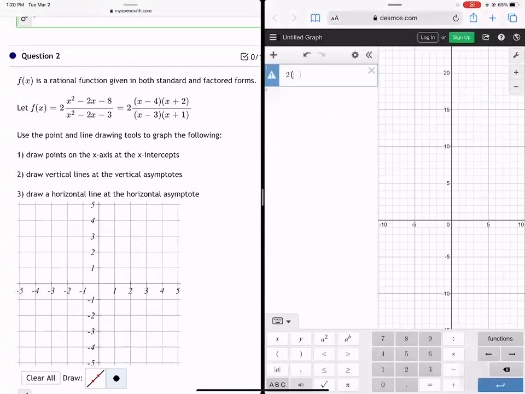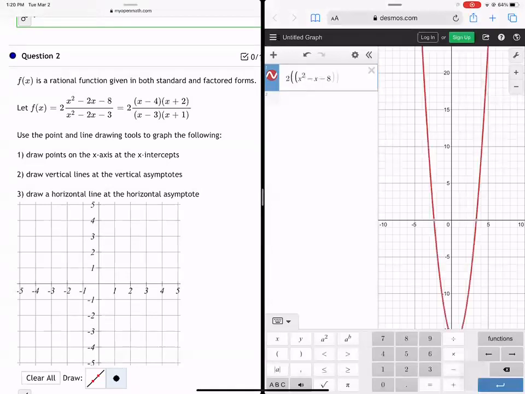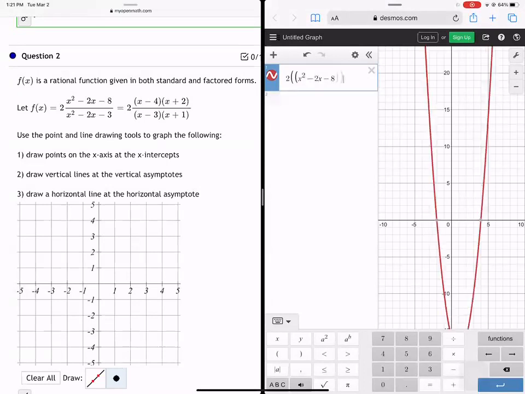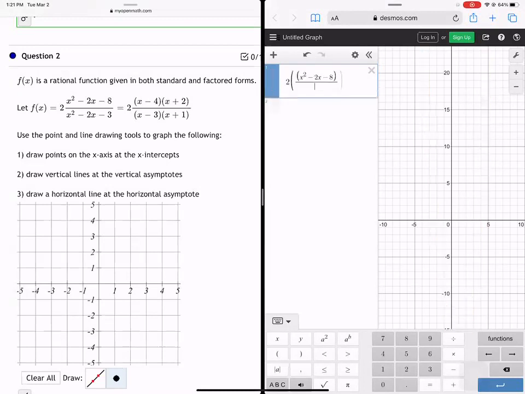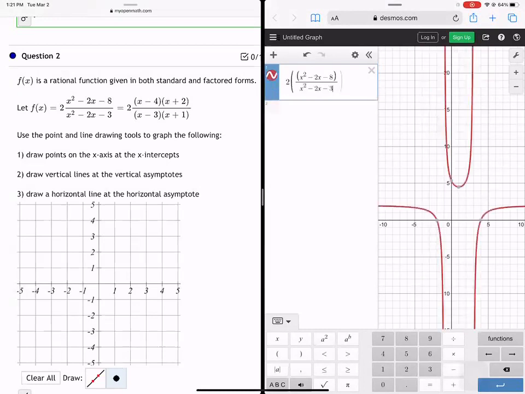Then we're going to write a fraction x squared minus 2x minus 8, divided by x squared minus 2x minus 3.